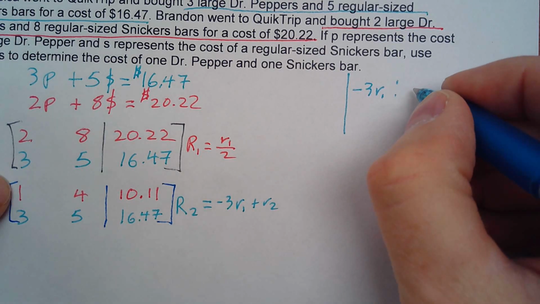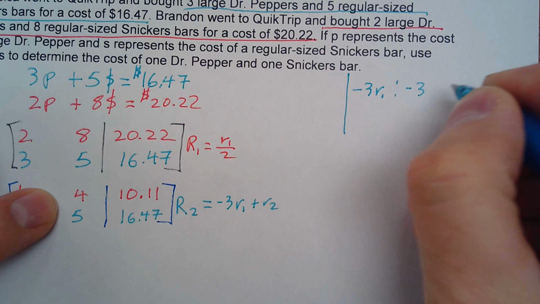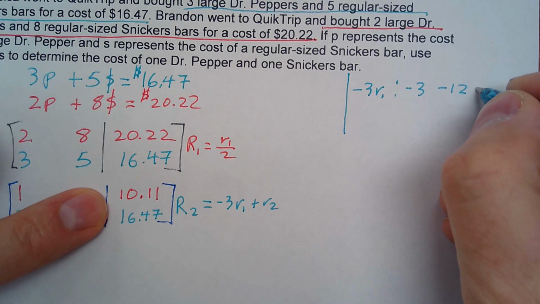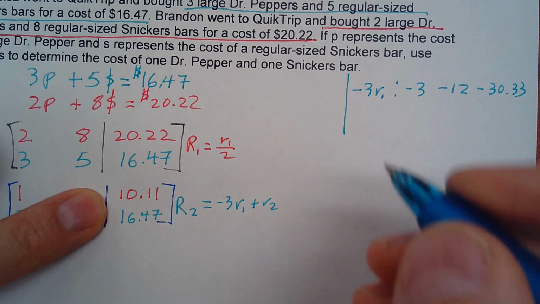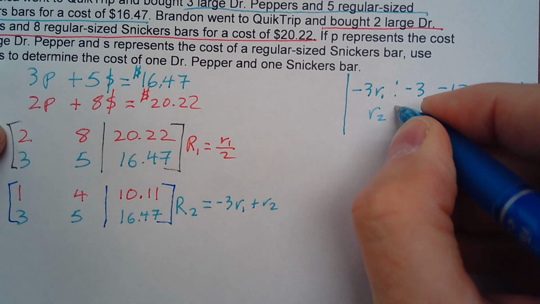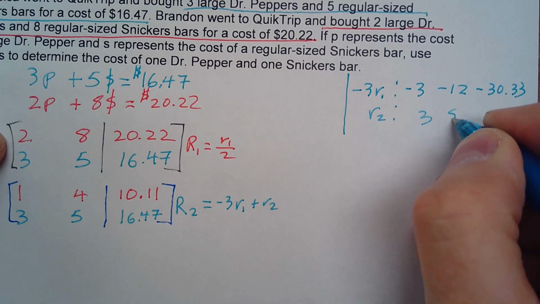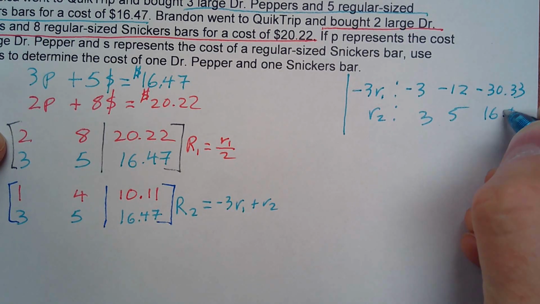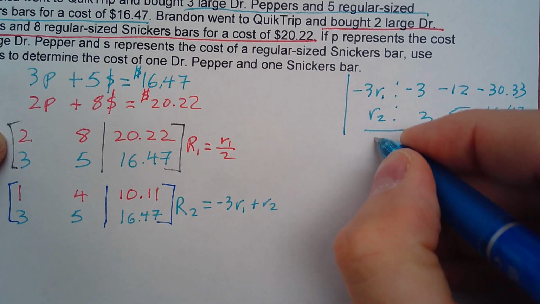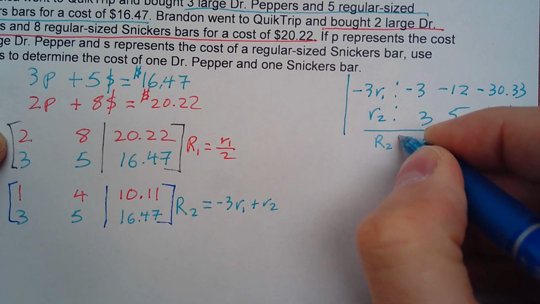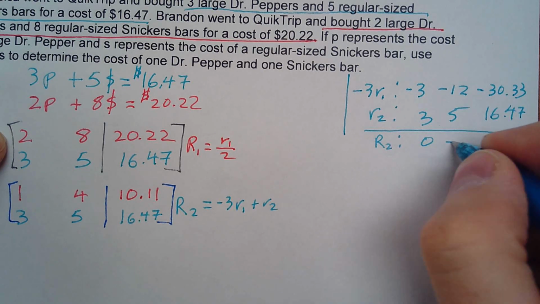That'd be -3, -12, -30.33. And then we'll add these together. That's 0. That's -7.